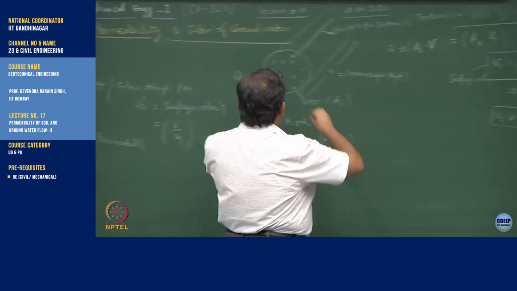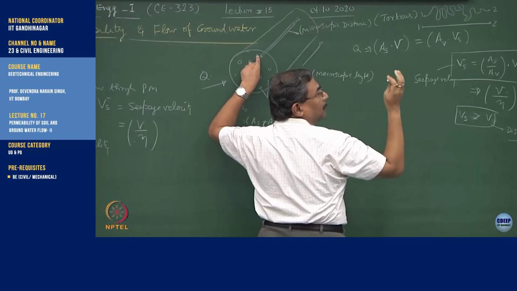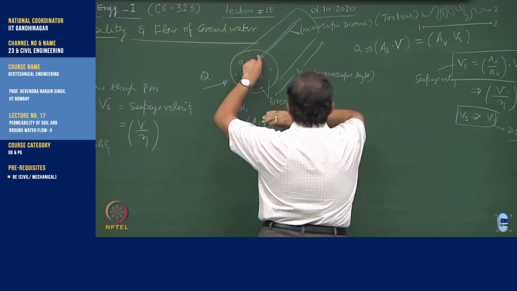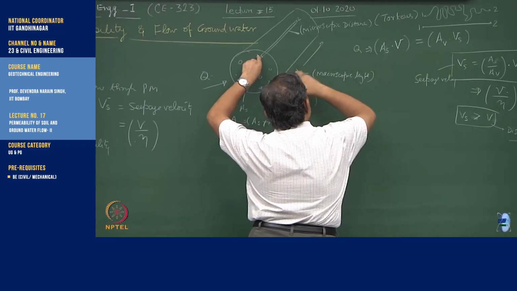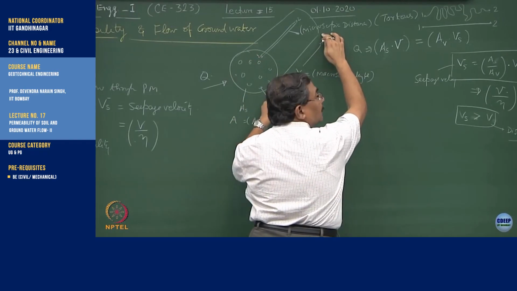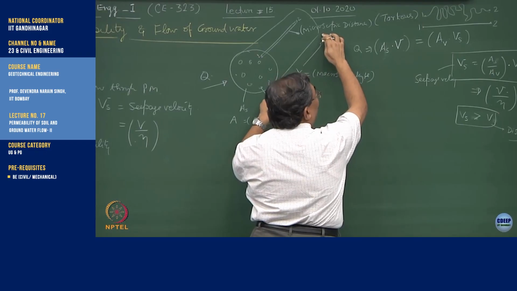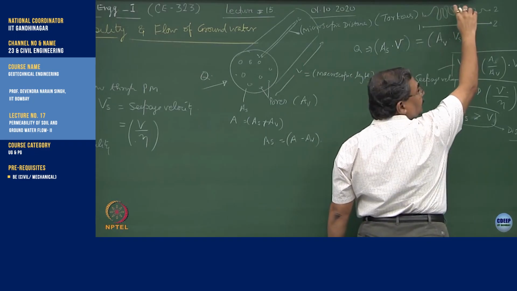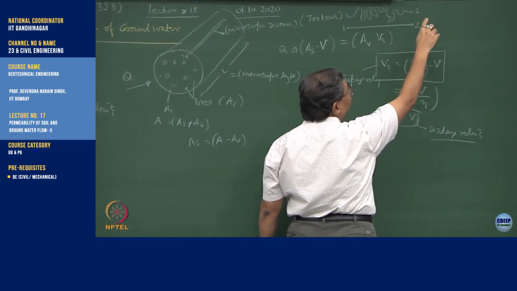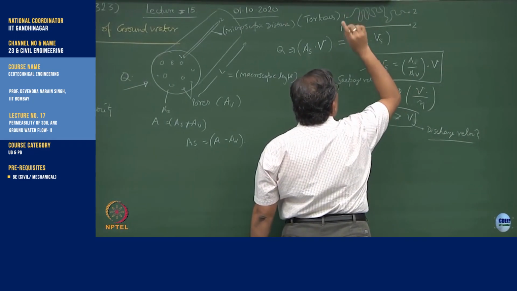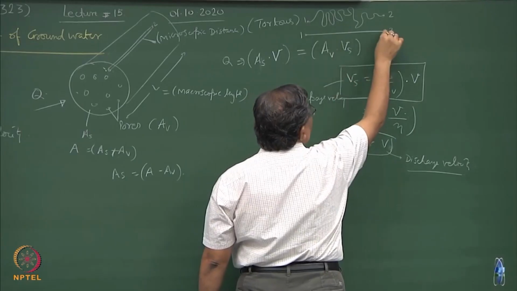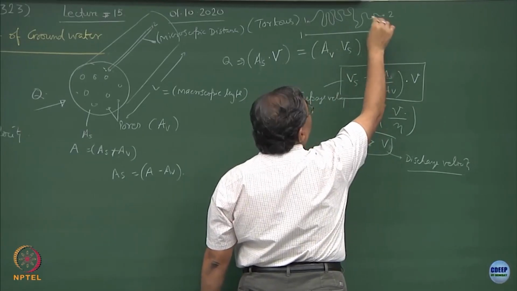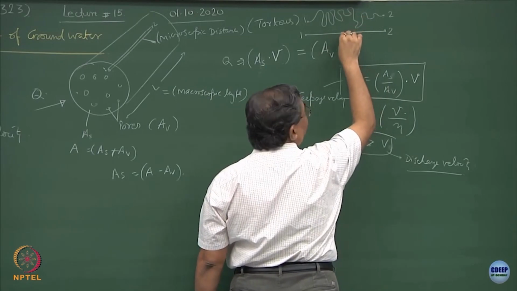See, when the water is entering from 1 to 2, there are two possibilities. Either the water moves through the macroscopic length, which is the physical dimension of the sample, or through the interstices of the soil sample, which are quite tortuous in nature. That means, in the same time, if the same distance is to be covered, the velocity through this is going to be more than velocity through this.